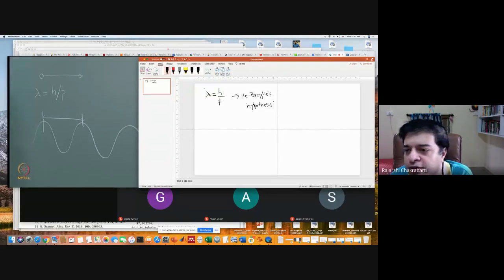How these subatomic particles behave, you can explain only using quantum mechanics. And you cannot build quantum mechanics without the hypothesis of de Broglie, isn't it? So this came from nowhere. Maybe Rahul, you want to add something to this?